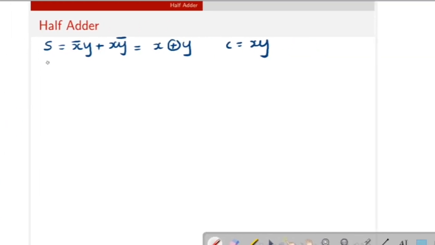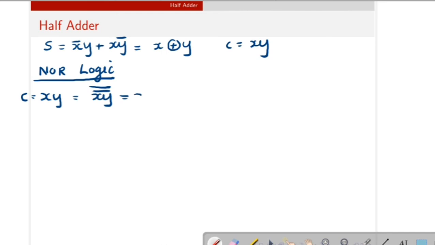Next you can implement this half adder using NOR logic. First we can take the carry, that is carry is equal to xy, written as xy double bar, applying De Morgan's that is equal to x bar plus y bar whole bar.